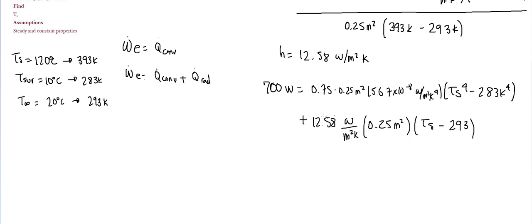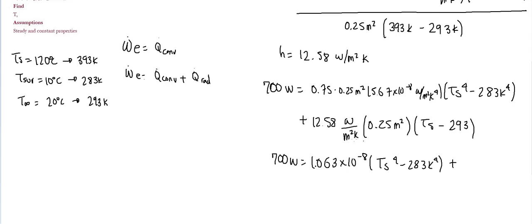Now we're going to simply multiply out what we have. So this is going to become 700. The multiplication of 0.75 times 0.25 times the Boltzmann constant is going to give us 1.063 times 10 to the negative 8, and this is Ts to the fourth minus 283 Kelvin to the fourth.